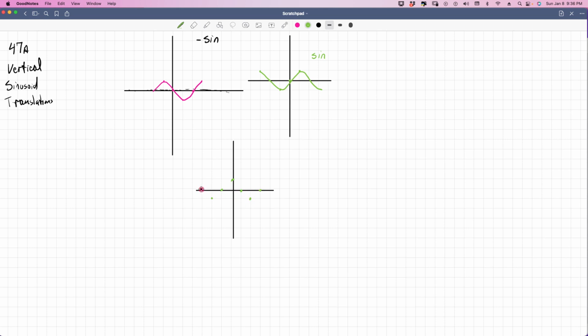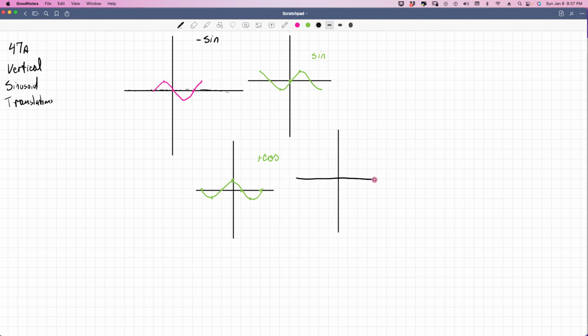All right, so this is a cosine. Why is it a cosine? Because it crosses the y-axis at the amplitude. And it is a positive cosine because it crosses at the positive side, or the upper side of the amplitude, right?